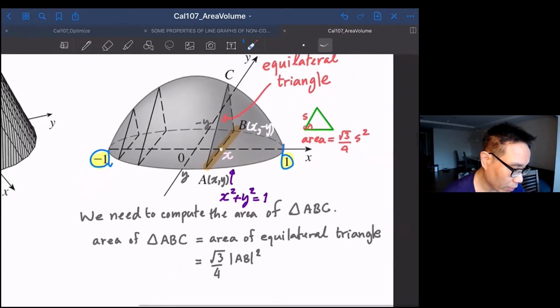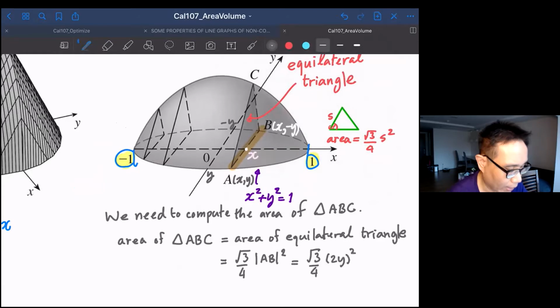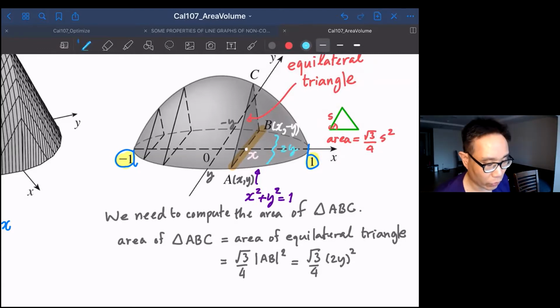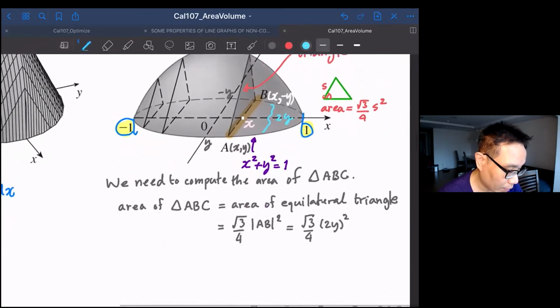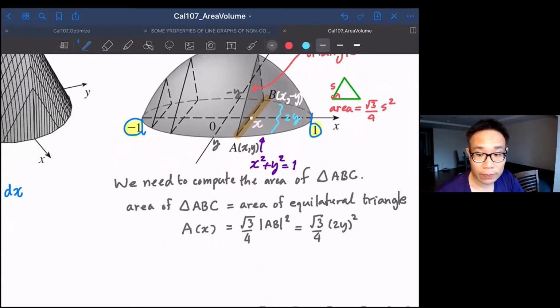So in this case, you get root 3 over 4 times 2y squared. This guy is equal to 2y for AB. And then you need this guy, which is your A of x.